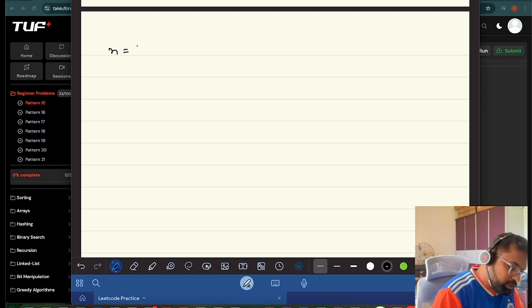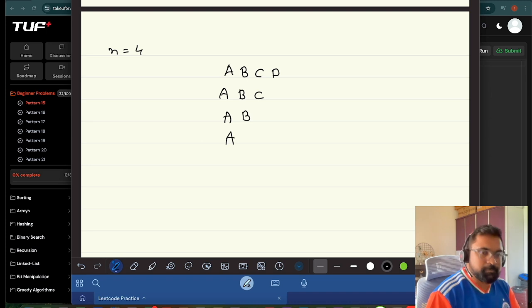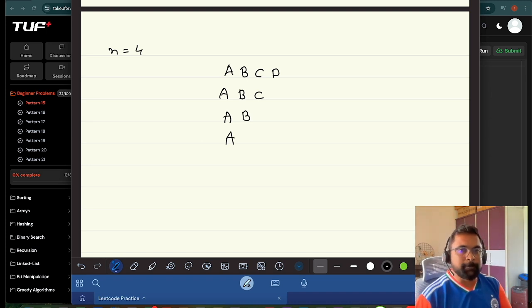Here n equals 4. What we want to draw is AB, then AB, AB and A. Something like this. Okay. So in this kind of pattern problem, we first try to identify the number of rows and the logic behind that, or maybe the loop which will identify the number of rows.